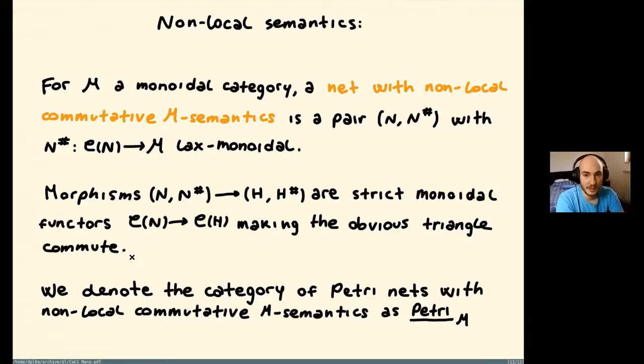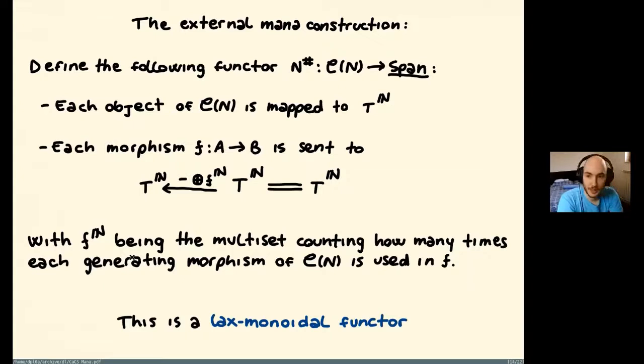And for the external mana construction, we'll define it as a non-local commutative span semantics, in which Span is one category and not a bicategory. It's just the category of sets and spans, in which isomorphic spans are quotiented out.